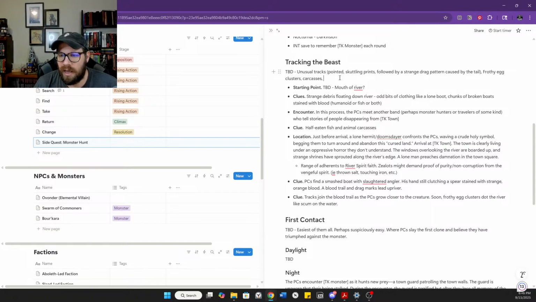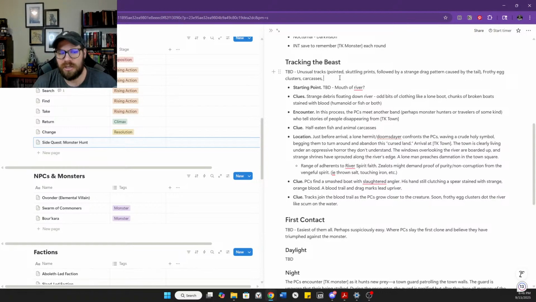And then we talked about a social encounter along the way to build the tension and give some context. Then a few more clues, and then we talked a little bit about the characters arriving in this town that has been affected by this creature.